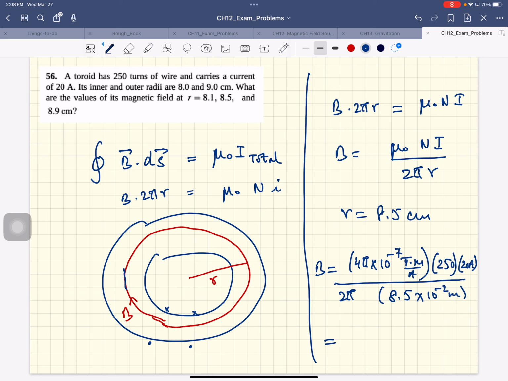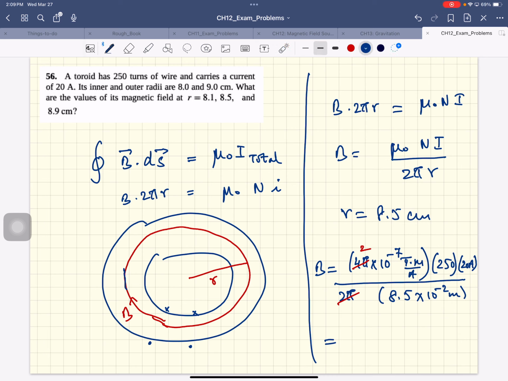So that makes this 10 to the minus 5. That cancels, that's 2. And that 10 to the minus 5 will absorb 2 from there, so that's 10 to the minus 3.